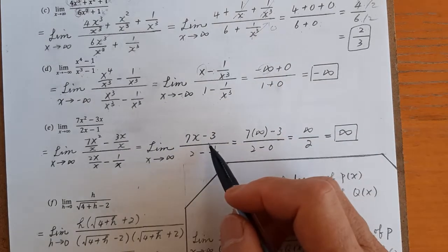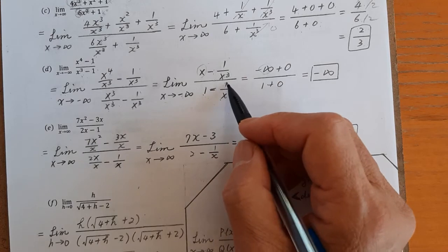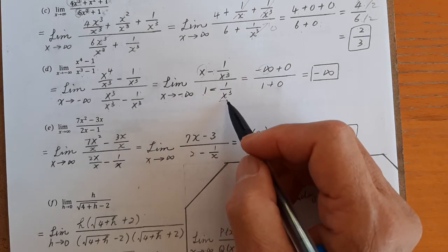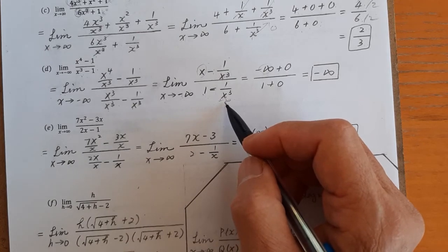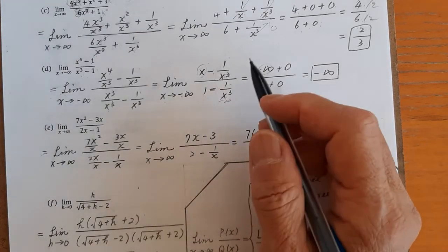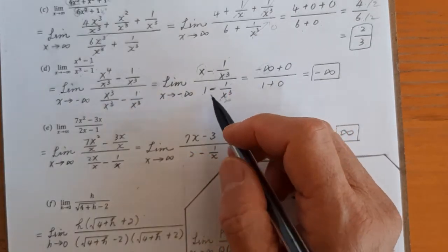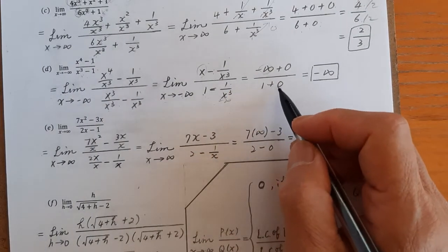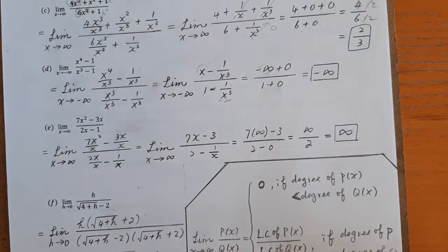So this side is 0. This also, 1 minus 1 over this side, is negative infinite because negative infinite cubed is still very, very big but negative. 1 divided becomes very, very small, but changes the sign, approaching 0. So you add together, and the answer is negative infinite.